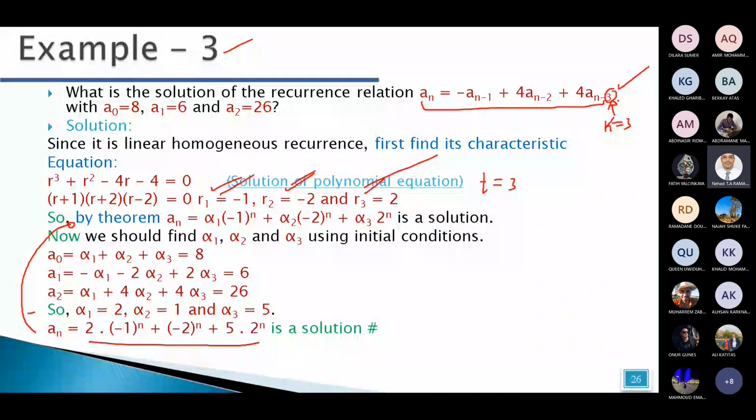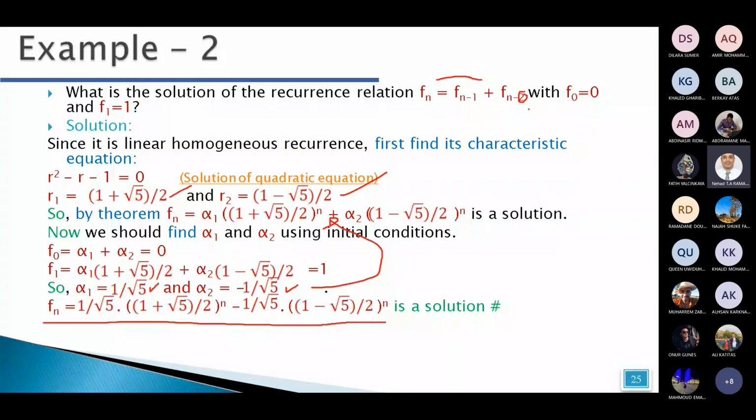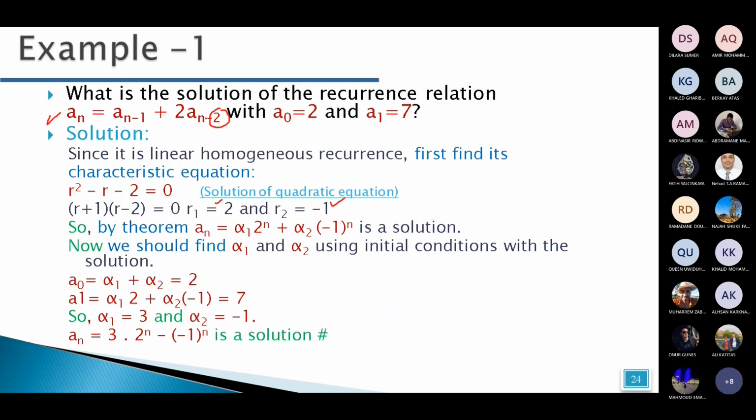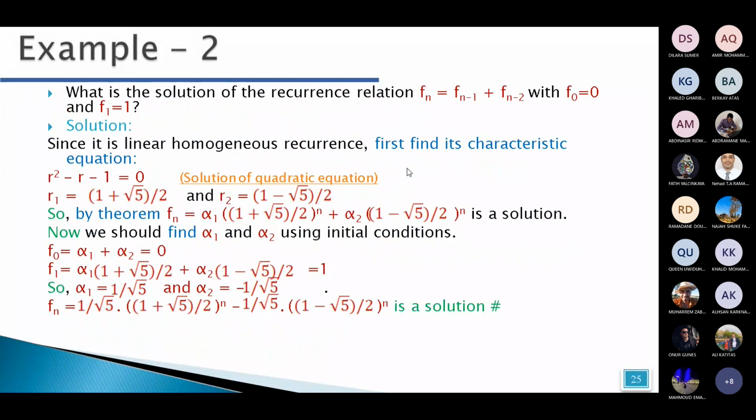So the degree equals 3, and the characteristic equation has 3 different solutions for degree 3, then it's okay. We can apply the first theorem. Same here, degree 2 with 2 solutions. You can apply the first theorem.